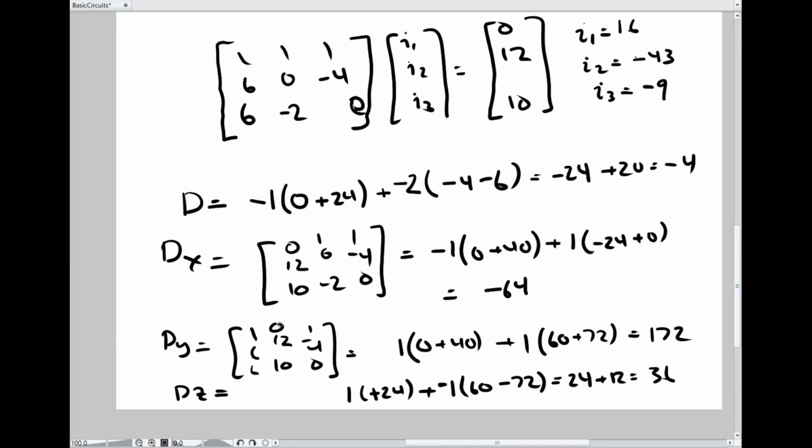Get out the red. So I have 1 times 0 minus 40, so 0 plus 40, plus 1 times 60 minus 72. And that's where the error is. I forgot the minus. So this should be 40 minus 12, which is just 28.